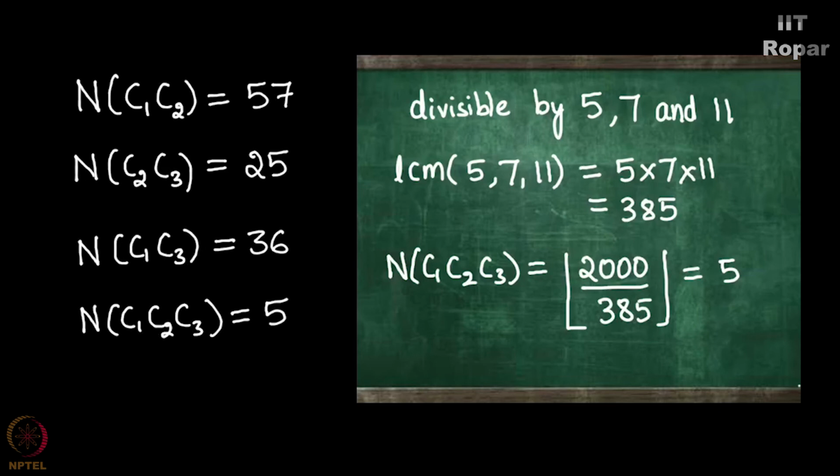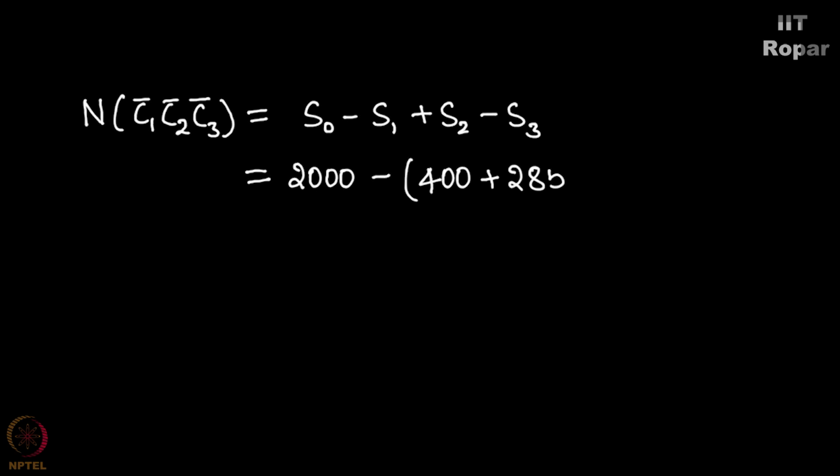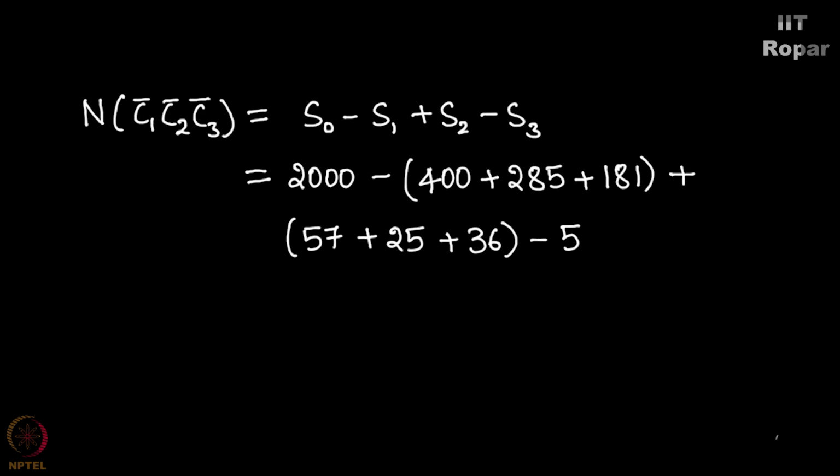Now, N of C1 bar, C2 bar, C3 bar is S0 minus S1 plus S2 minus S3. We know that S0 is 2000. S1 happens to be 400 plus 285 plus 181. And S2 is 57 plus 25 plus 36. And S3 is 5.